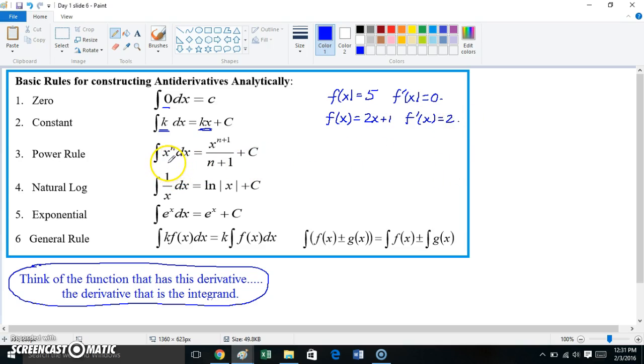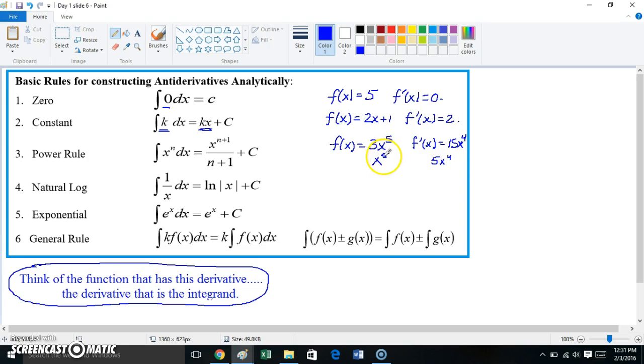Okay, the power rule. We've used the power rule, for example, on that previous page when f of x is 3x to the fifth, f prime of x was 15x to the fourth. Keeping it simple, we could have just said x to the fifth, and f prime is 5x to the fourth.